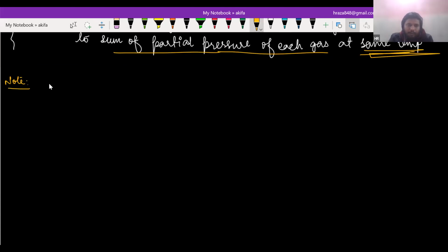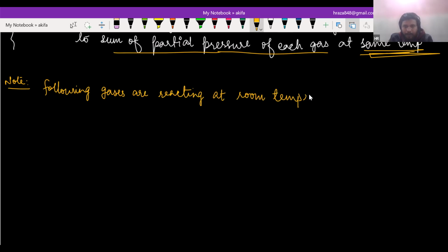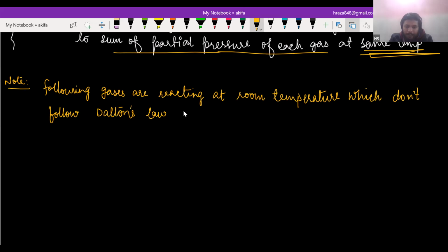Write a note. These are a list of reacting gases at room temperature, which don't follow Dalton's law of partial pressure.